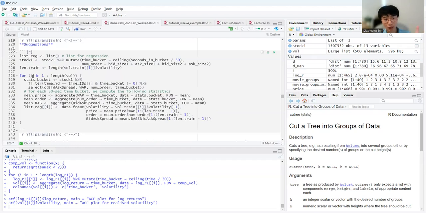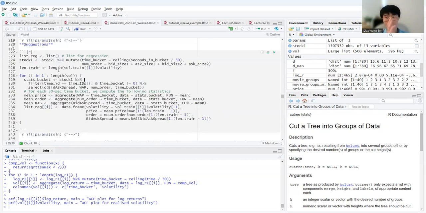If you have a for loop, just let i equal 1 or 2, any number within this range, and run the code line by line within the for loop, and you will see, oh, this is why this code works.